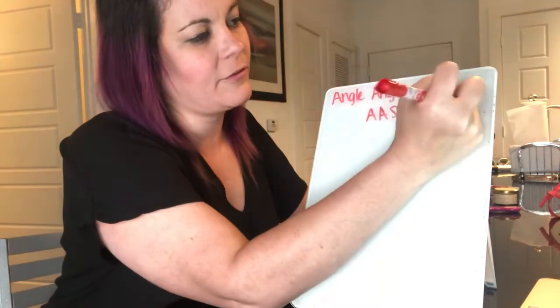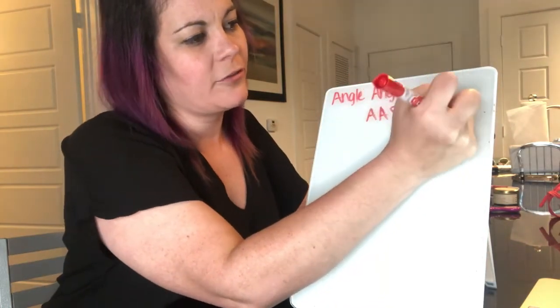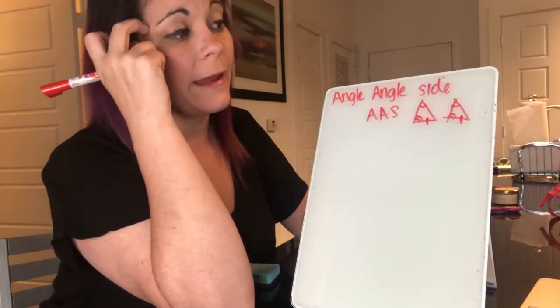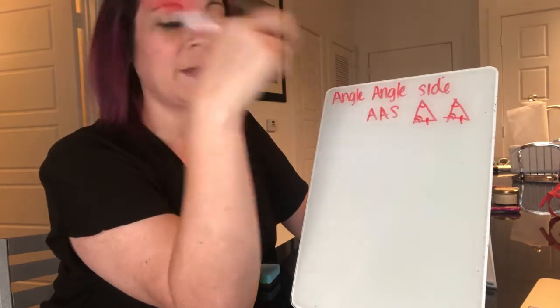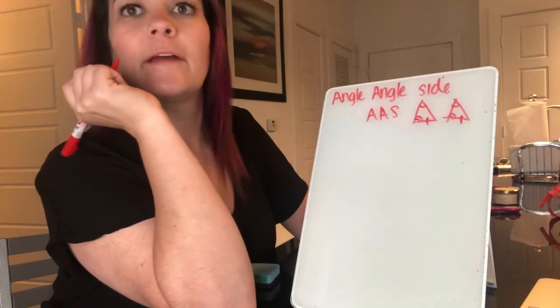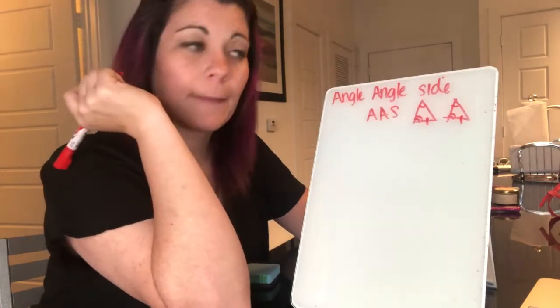So if I say these 2 angles are congruent, these 2 angles are congruent, and this side and that side, then I can say angle, angle, side, because I've proven 2 angles and then the side there. So that would be angle, angle, side for congruency.